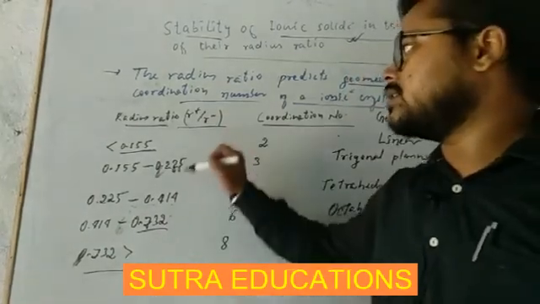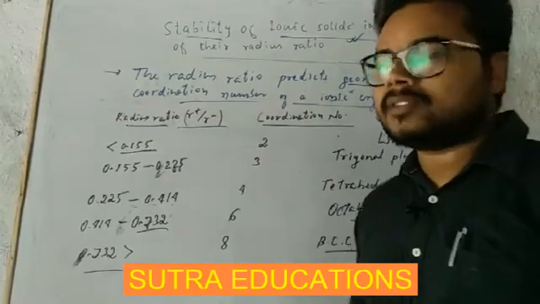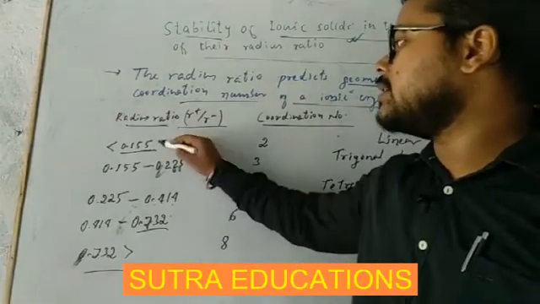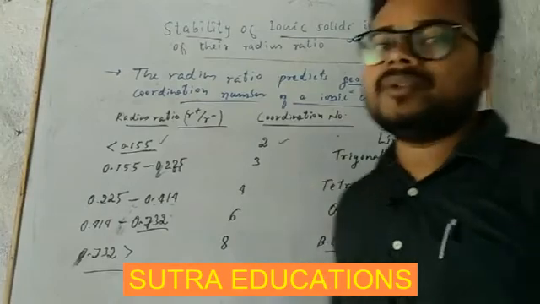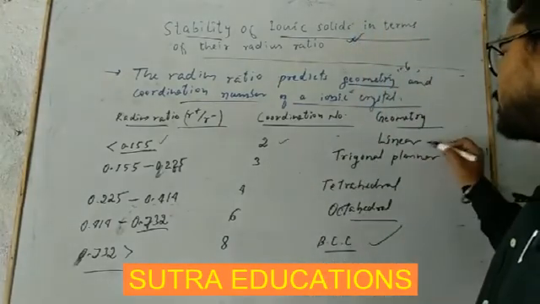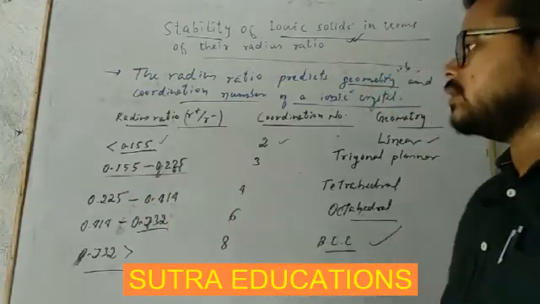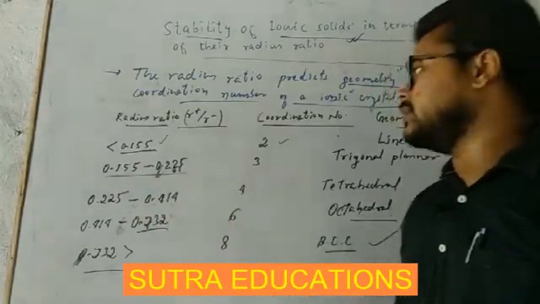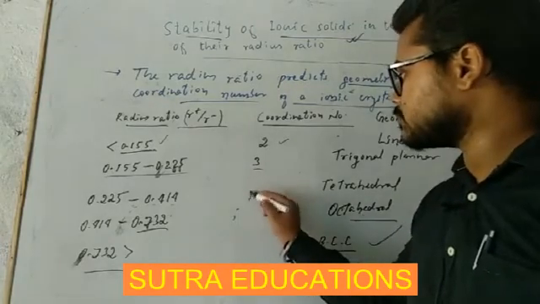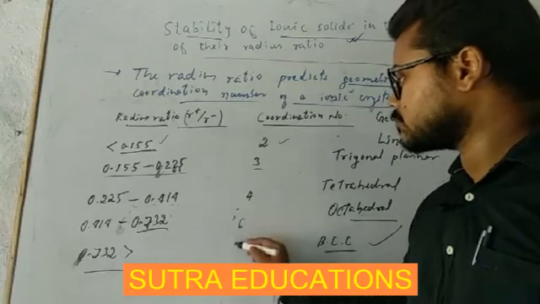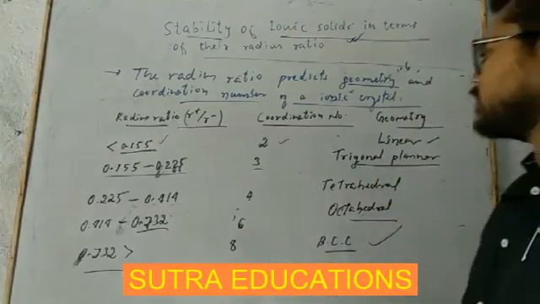If the radius ratio, meaning radius of cation upon radius of anion, is less than 0.155, then the coordination number will be 2 and the geometry will be linear. If it is between 0.155 and 0.225, then the coordination number will be 3 and the geometry will be trigonal planar.